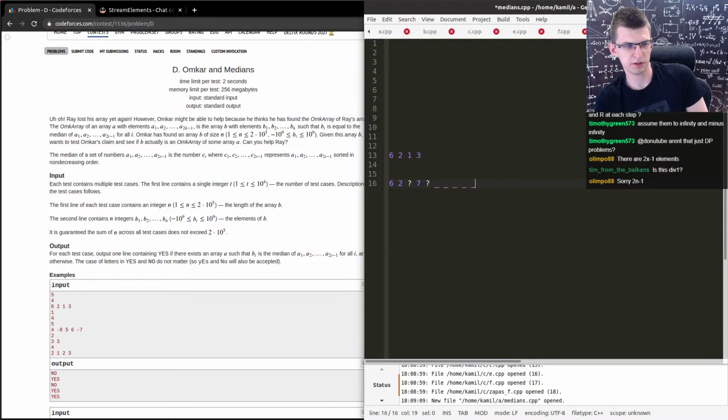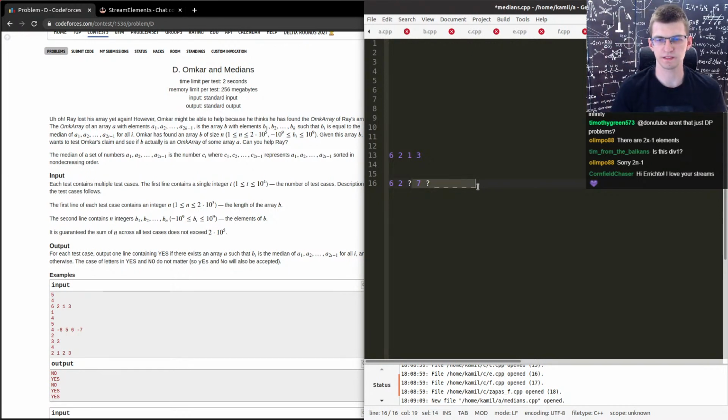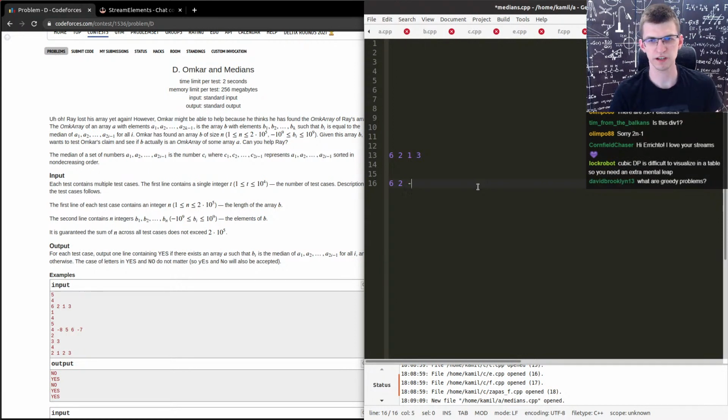Median can only be between L and R at each step. Well, we know the median, so we don't really care in what interval it can be. We need to care about how to assign numbers. Infinity and minus infinity. But that might hurt. Like here, this is 1 or smaller. And you say that this should be minus infinity. Well, not necessarily.